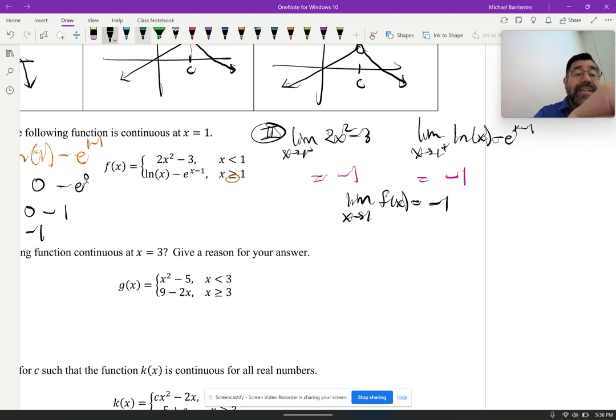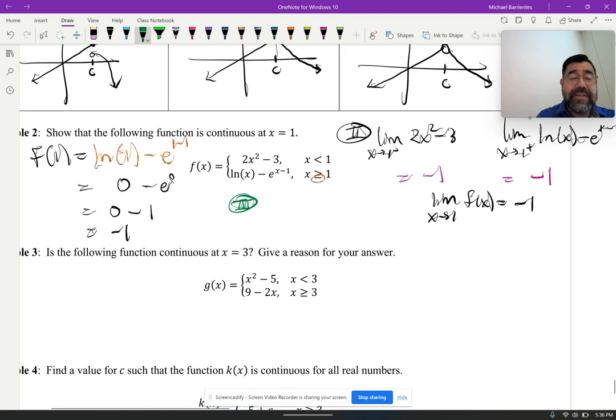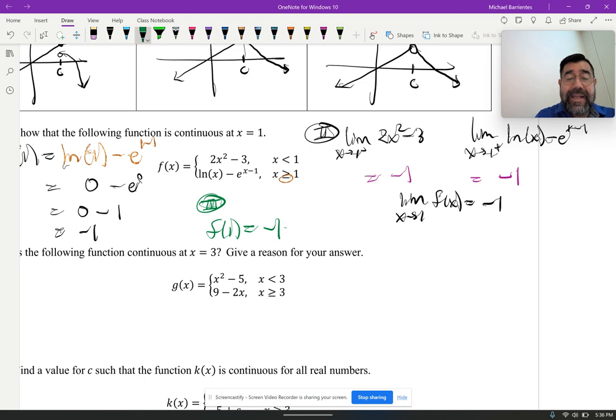Now the last piece we need to check: are they the same? Well, yes, f of positive 1 we said equals negative 1, and that is the answer to the limit.